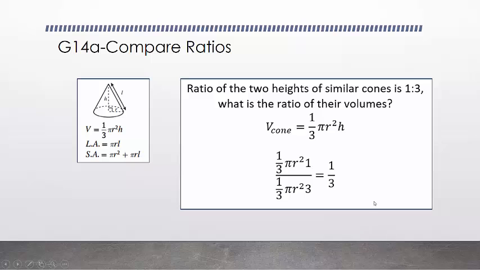What you basically do is plug in 1 and plug in 3, and you can see that it just returns 1/3, because the height here doesn't have any power. Now, if it had been h squared, it would be a completely different story. It might be 1/9 rather, but because it's just height and not height squared or height to the third, it's just 1/3.